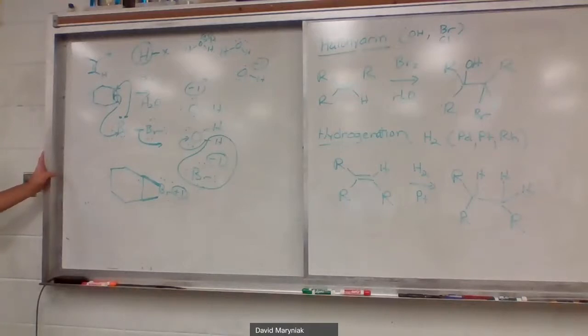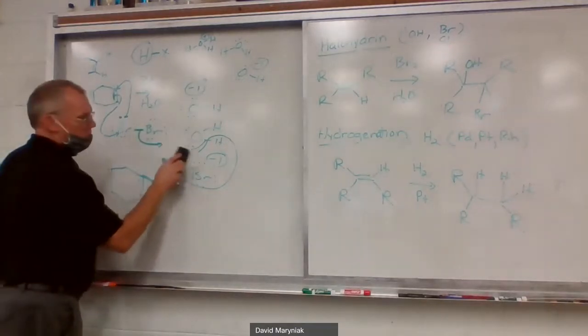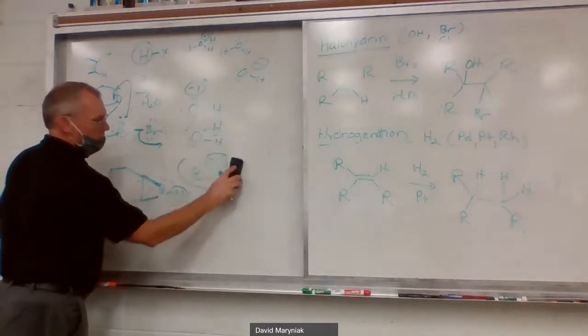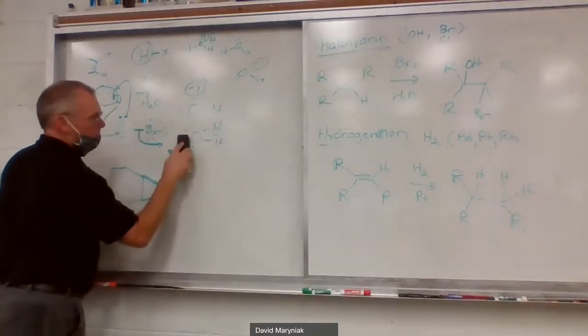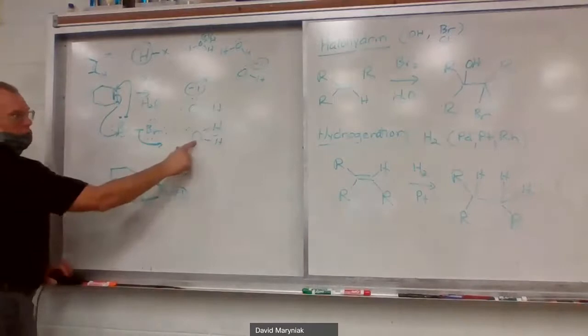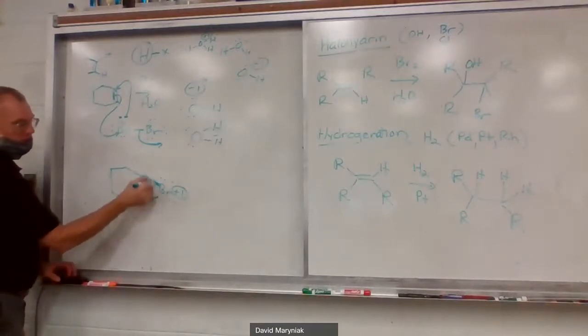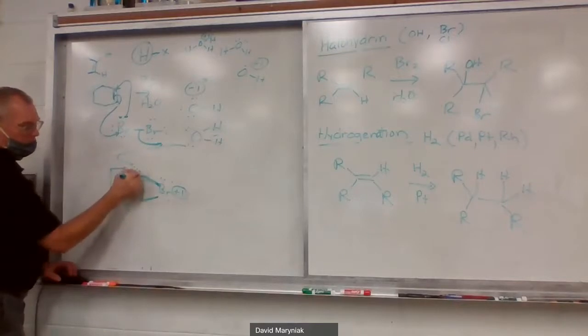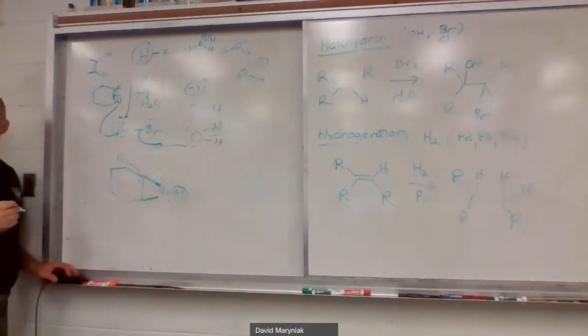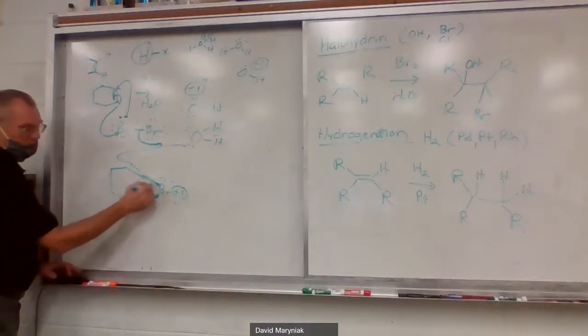So you could invoke any of those. So as far as your mechanism goes, if you want to use straight up water as your nucleophile, is this water going to attack the brominium from this same face or from the back face again? If this is a wedge, then that's a wedge.